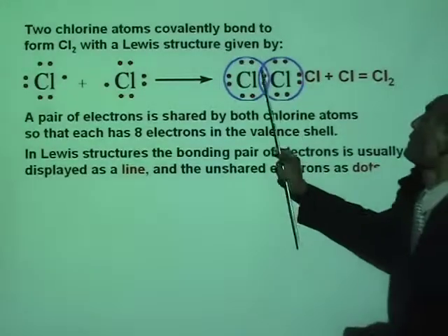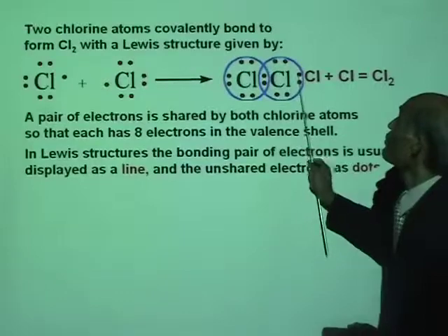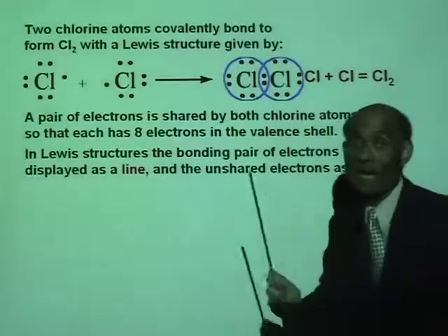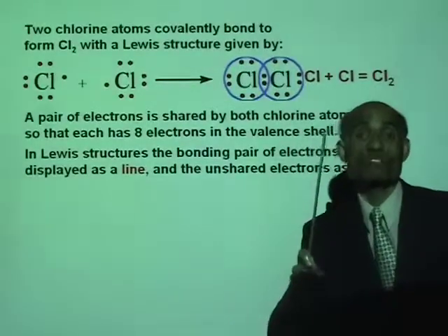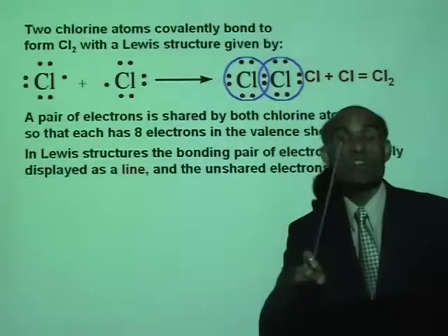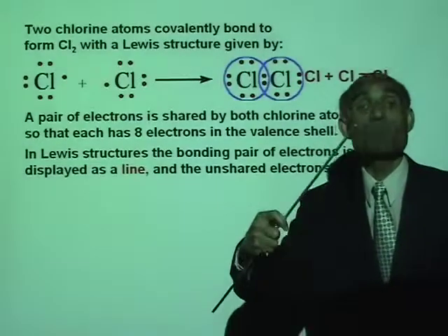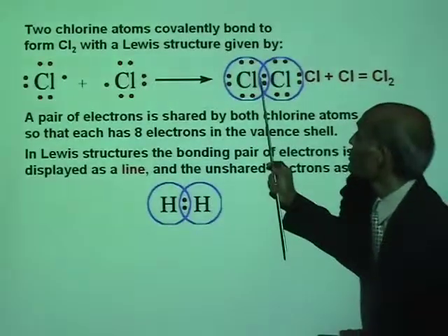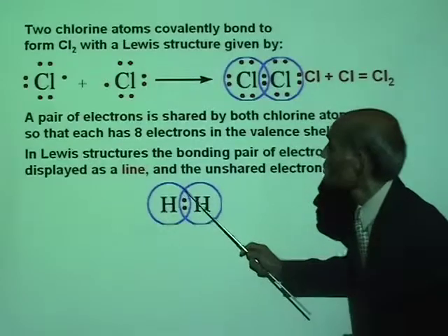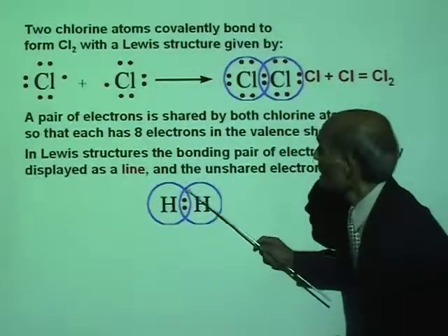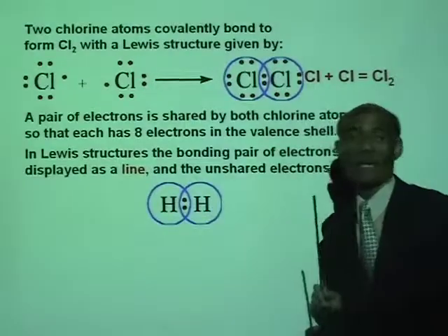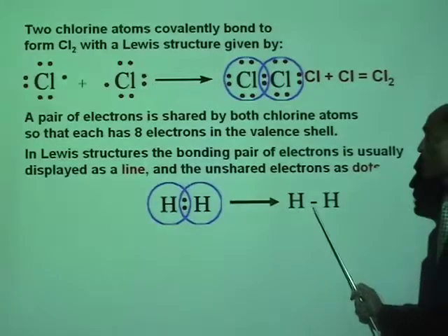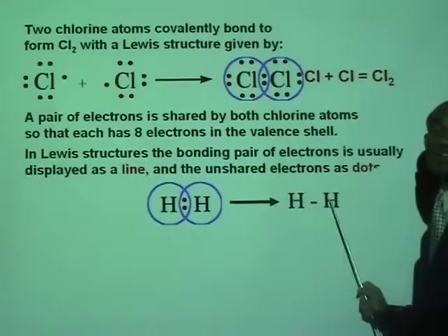and the unshared electrons as dots. We will leave the unshared electrons as dots and represent the shared pair as one single horizontal line. Now remember, each horizontal line represents a pair of electrons, 2 electrons. So this representation that we used earlier, hydrogen and hydrogen sharing a pair of electrons, is now represented like this: H, a line, then H. What does that tell you?